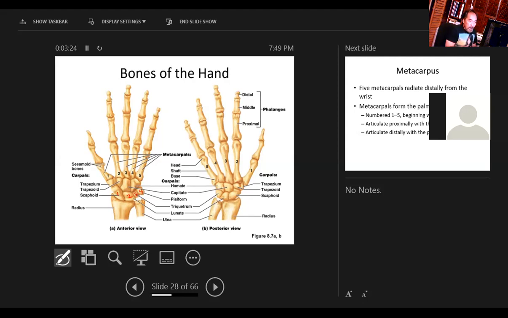So I'm going to start here: 1, 2, and 3. Where did the 4th go? The 4th is this bone here called the pisiform. The reason you cannot see it is that it's on top of number 3. So the first 4 carpal bones, 1, 2, 3, and 4, you can see from the anterior view.